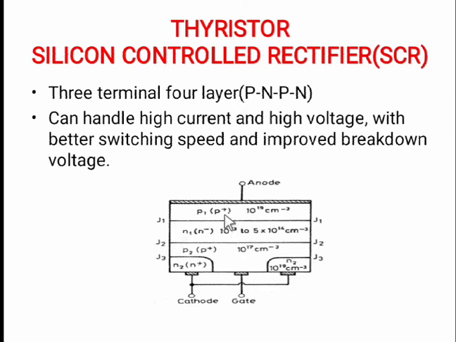So this is the P plus, highly doped region, that means this region has more holes. This is the lightly doped region, N minus, so this region has fewer electrons. This is also a P plus region, so it has a large number of holes, and this is N plus, so it has a large number of electrons.